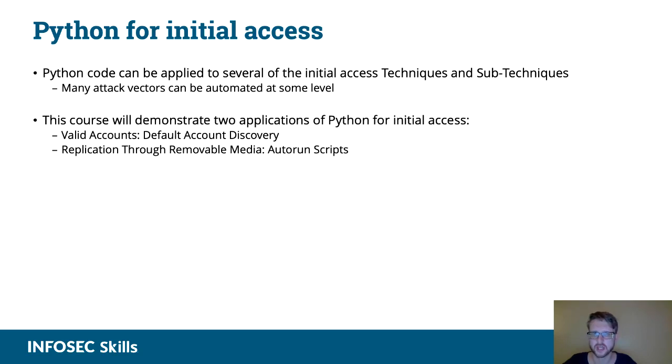We're going to be taking a look at the valid accounts technique and using Python for the sub-technique of default account discovery. Additionally, we'll take a look at the replication through removable media technique and investigate how we can use Python with auto-run scripts on a weaponized USB.